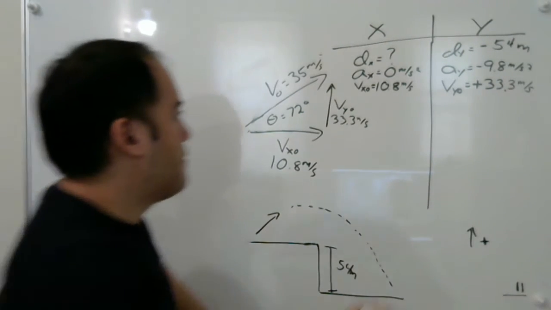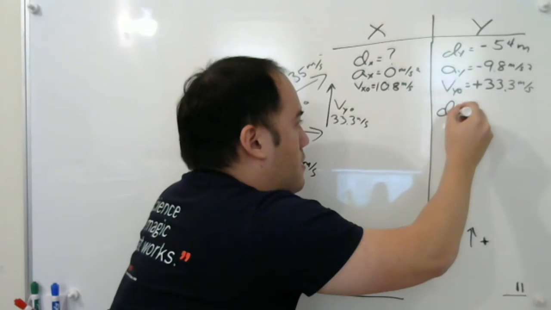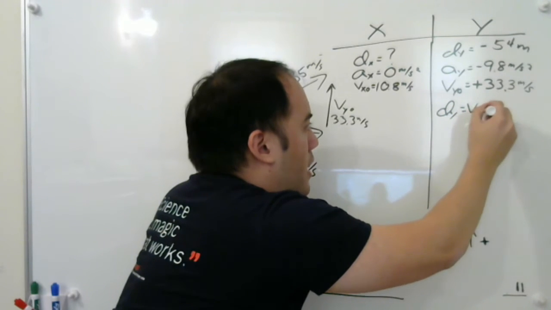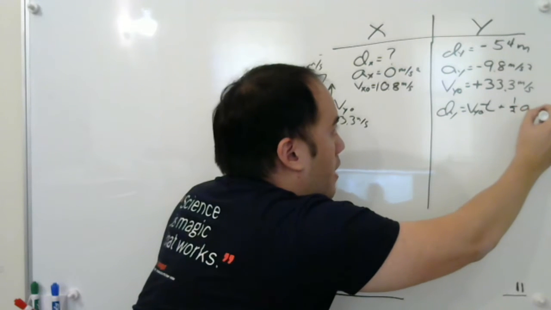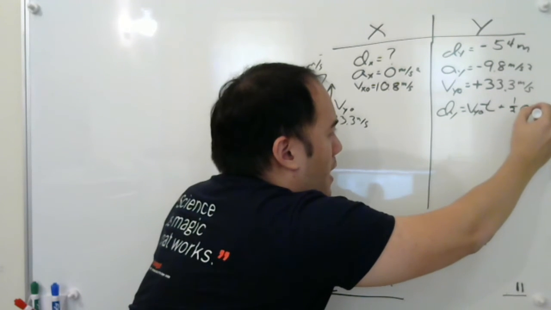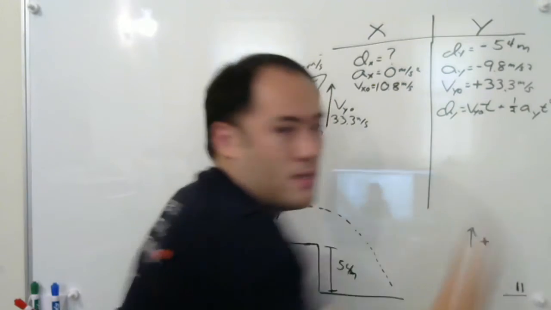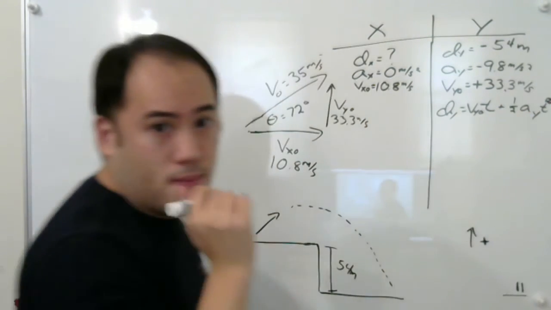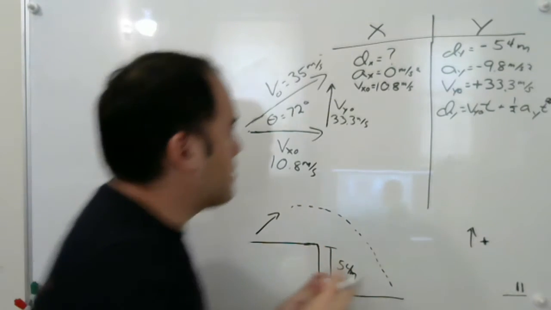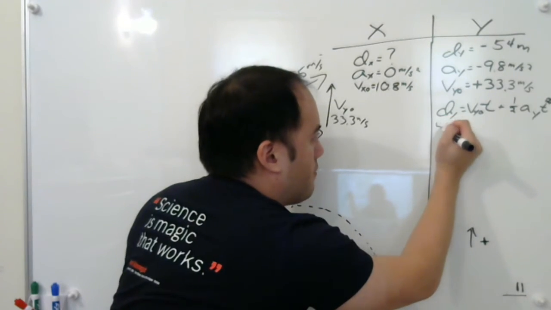Now we've got to solve. dy equals vy naught t plus 1/2 ay t squared. Good, there's a squared. Okay, I'll substitute for you guys.